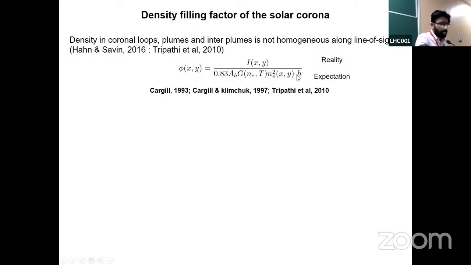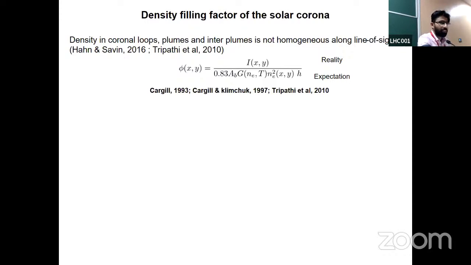So what people do is they find the width of the coronal loop, assume a cylindrical geometry, and the width is equal to the depth. And then you know H. N_e can be computed by a line ratio method, and then you have the expected intensity here. So once you have the expected intensity, if reality matches expectation, that means the filling factor is 1, everything is homogeneous. Go back to the classical Alfvén wave formula that we have discussed and just use that, and life will be simple.